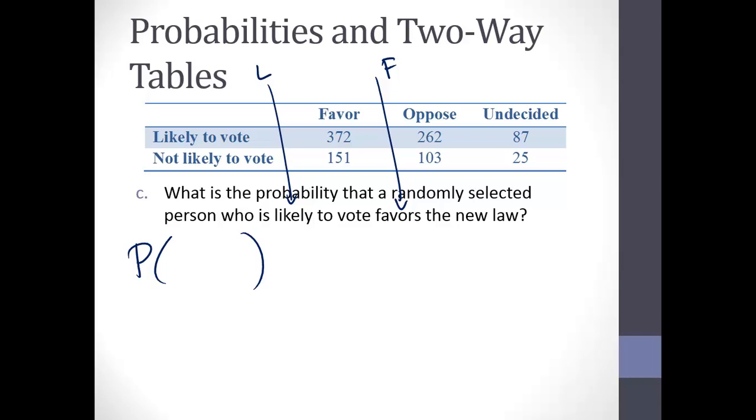What kind of a probability will this be? Conditional, exactly. So we're assuming that we have a person who's likely to vote, and then we want to know what's the probability that they will favor the new law. So there's going to be a conditional probability.